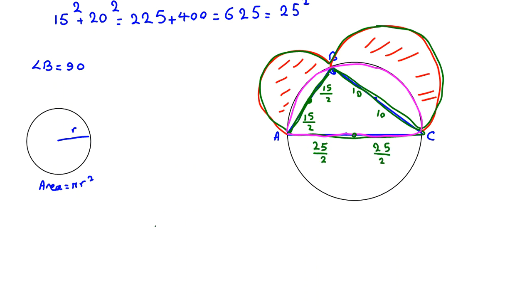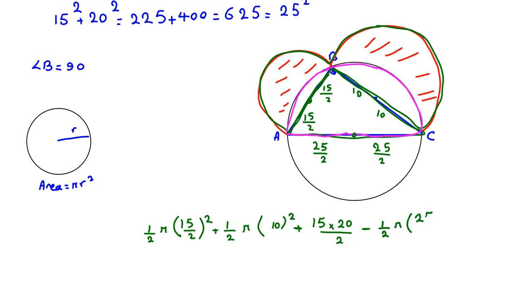So the green area is equal to 1 half pi r squared, 15 over 2 squared, plus 1 half pi 10 squared, plus this area is 15 times 20 over 2, the area of the right angle triangle, minus the pink area, which is 1 half pi 25 over 2 whole squared.